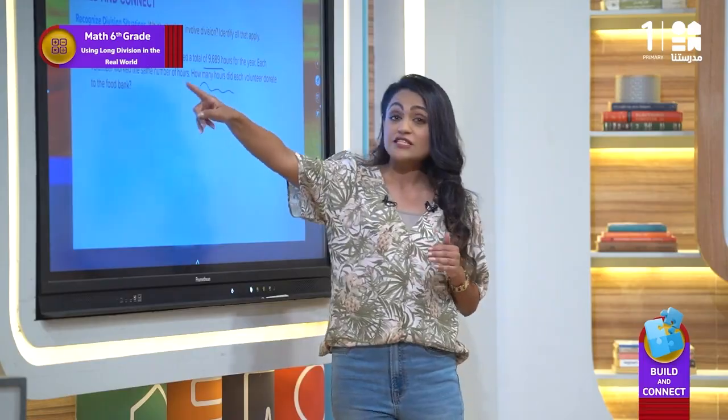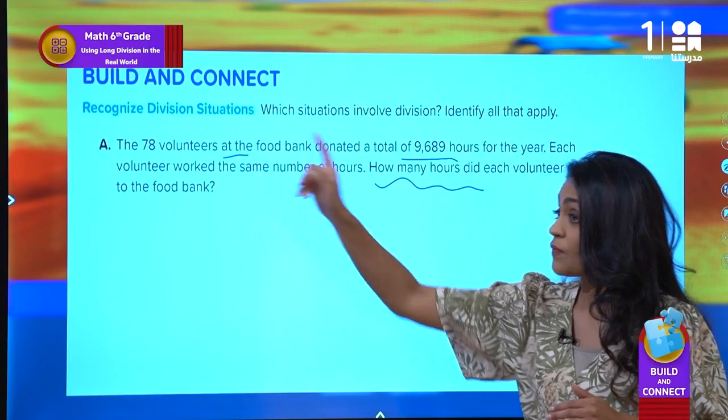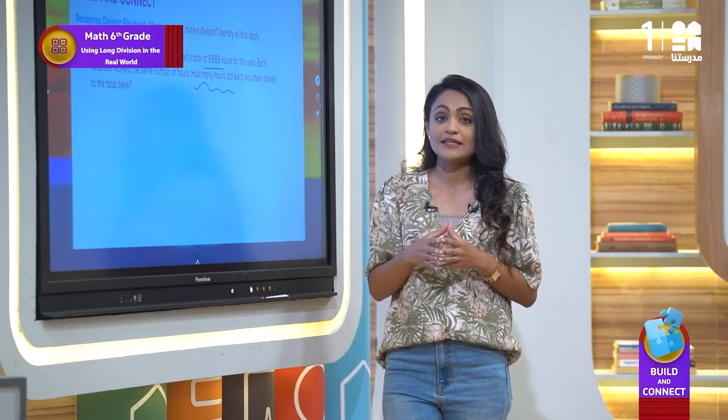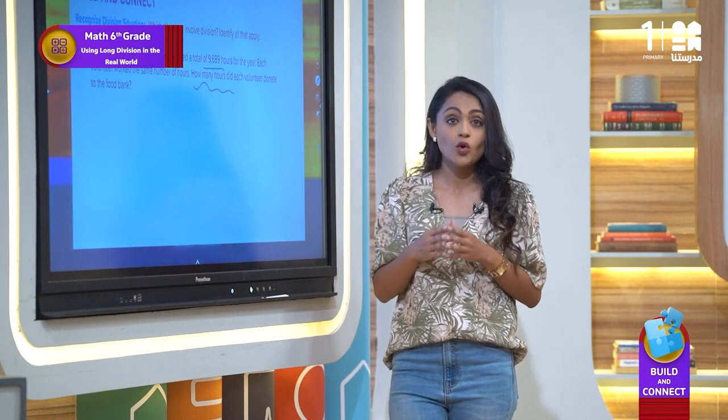This situation has some of the information, which is the total number of hours that the volunteers worked. We also have the number of volunteers, and we are asked to get the number of hours that each volunteer worked. What do we need to do? As we learned before, we use division to find the number of groups or the number of elements in a group.